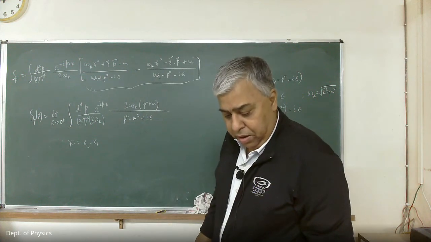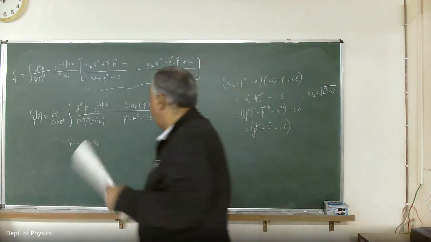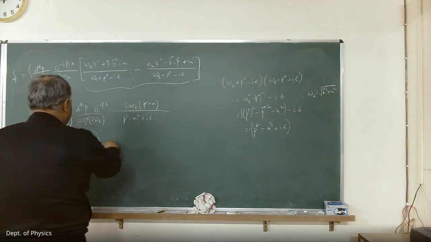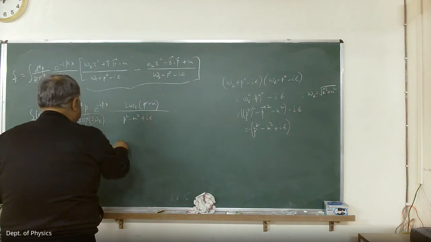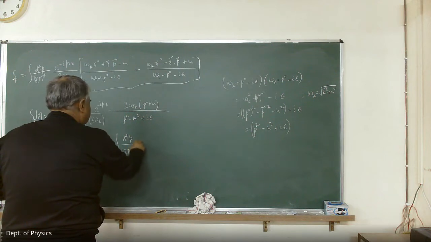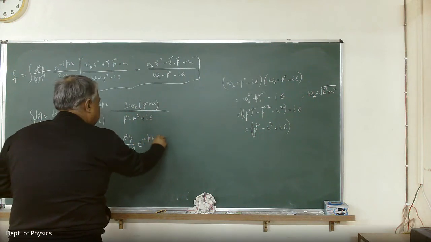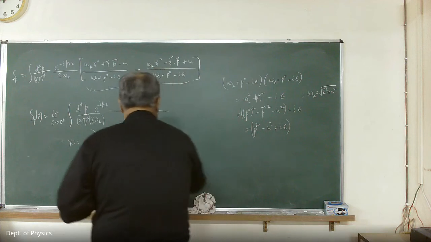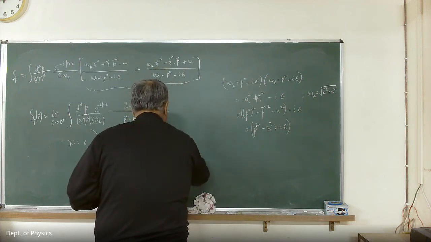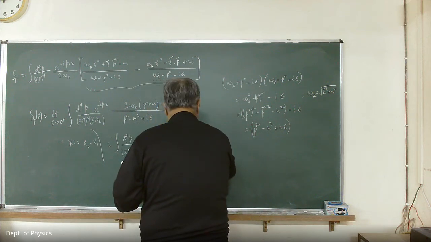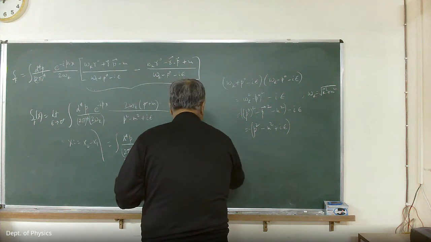So I can write this as the integral of d4p by (2 pi)^4 e to the power minus i p dot x S_F of p, where S_F of p is p slash plus m by p square minus m square plus i epsilon.